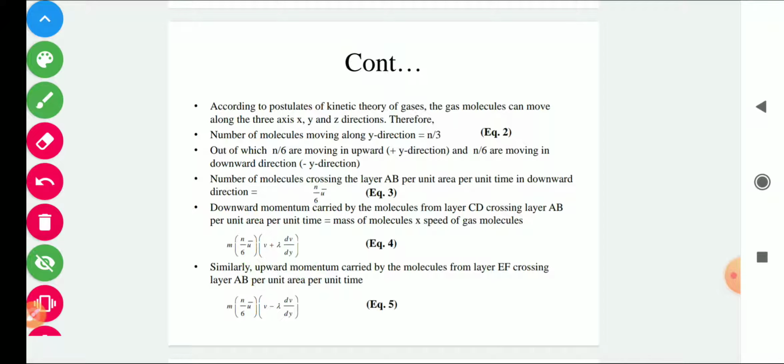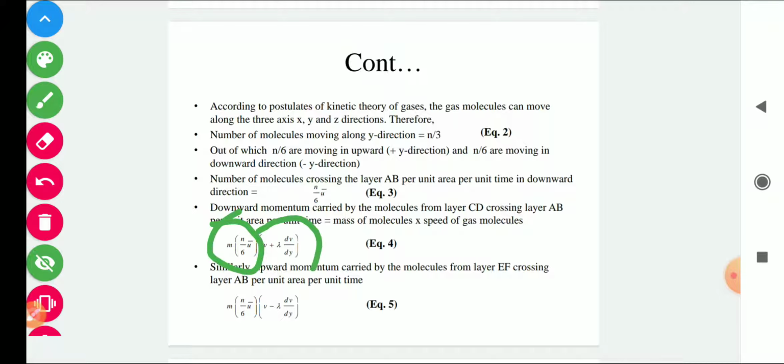If the mass of one molecule is m, and there are a total of n by 6 into u bar molecules crossing layer AB, moving upward to layer CD, then multiplying the mass of one molecule by the total number of molecules gives the total mass.